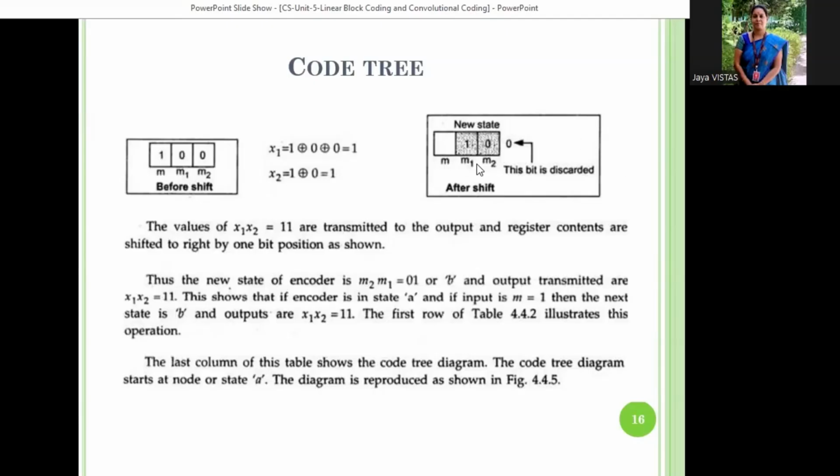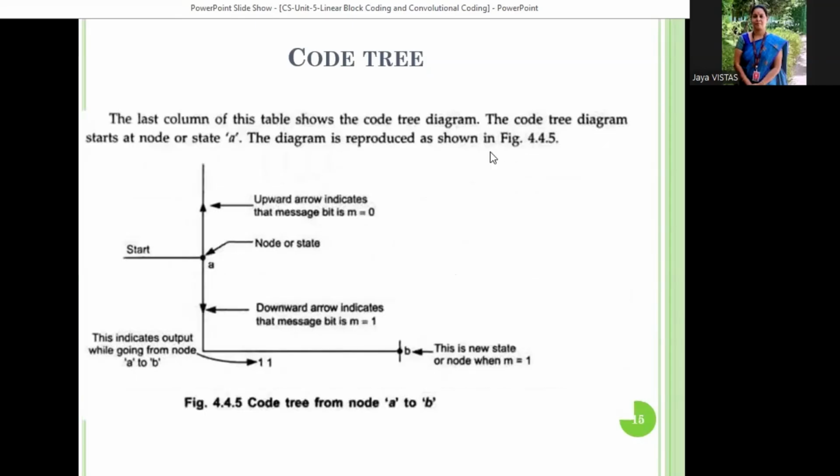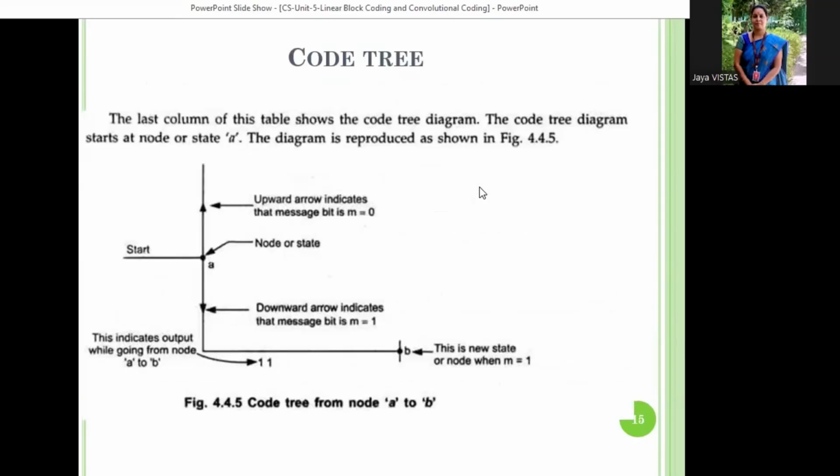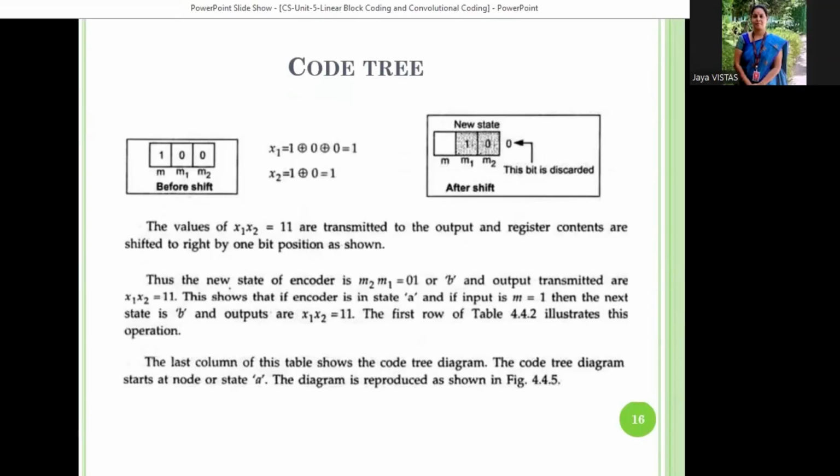So this is the new state of the convolutional encoder. 1, 0 represents the state: M1 is 1 and M2 is 0. The state 1, 0 is represented as B. So on the first shift, the encoder moves from A to B.